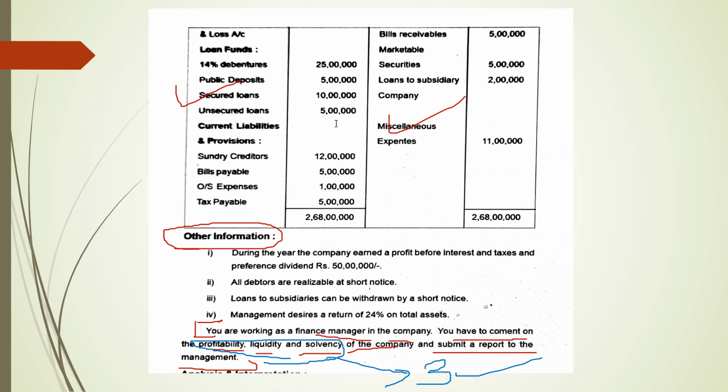Okay, and on the basis of this, after each and every calculation you have to write an interpretation. That means suppose I have calculated return on investment. Okay, after calculating ROI, you can interpret whether the company is fulfilling the desired management or not, so that you can write company's profitability is poor or company's profitability is good.